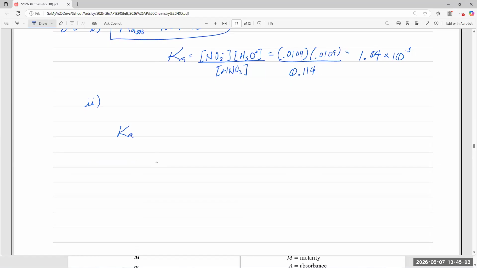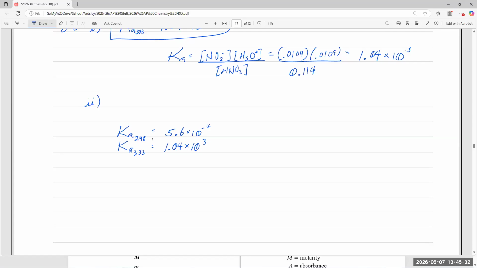Ka at 298 is given to us in equation 1 as 5.6 times 10 to the minus 4. And let's look at the new Ka that we calculated. Ka at this higher temperature is 1.04 times 10 to the minus 3.